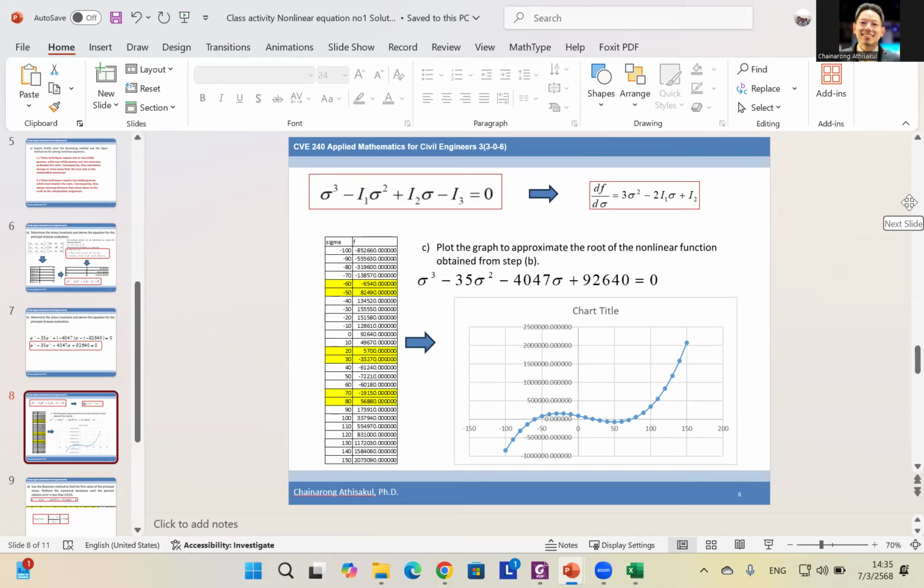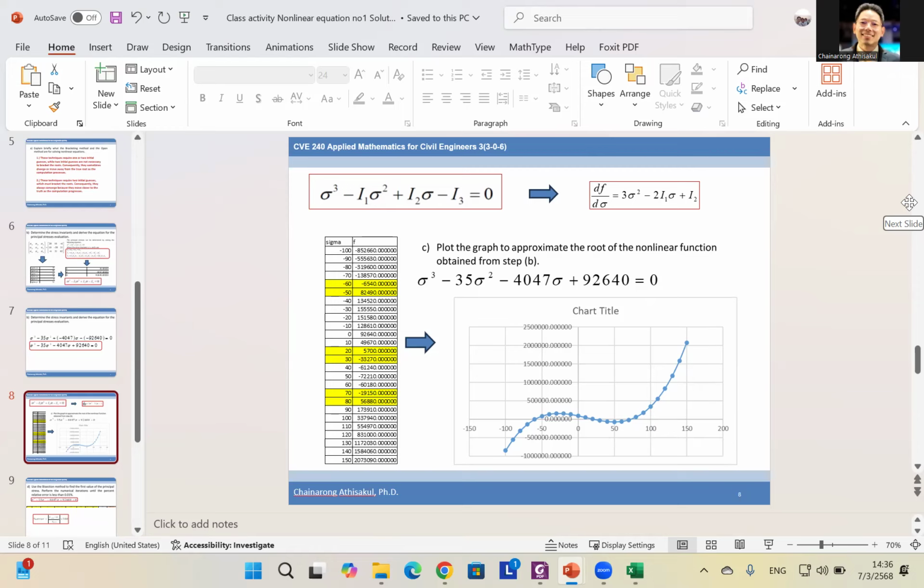In the paper exam also, you have to know that you have no computer. You have only the calculator. You have to predict by yourself what the value for the initial guess should be, so practice more.